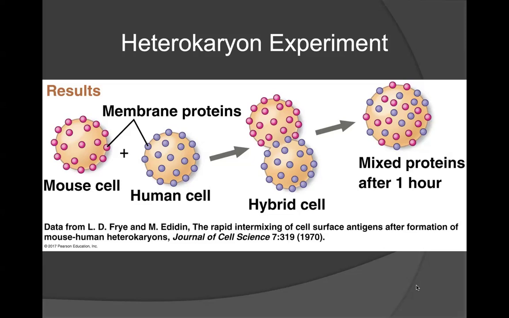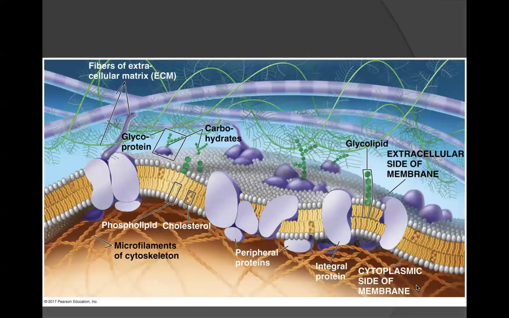If they were restricted and not able to move, then you would see the overall distribution of proteins would be red on the top and purple on the bottom. However, because the red and purple are distributed throughout, this illustrates that all of these proteins could freely move throughout the membrane, thus supporting the fluid mosaic model.